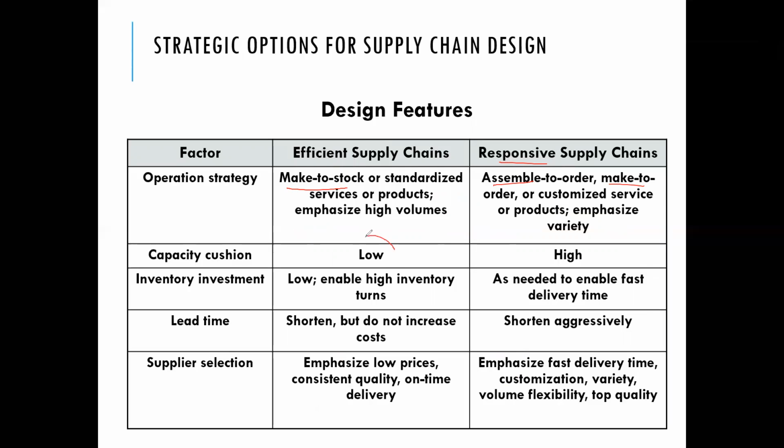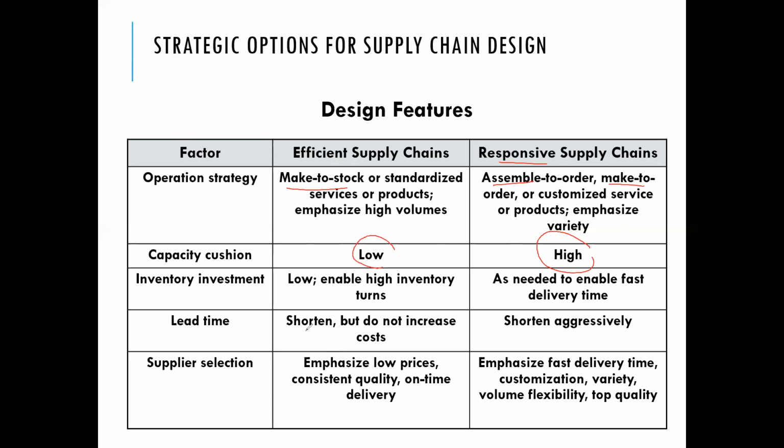The capacity cushion is low in an efficient supply chain, and generally higher in a responsive supply chain. And the reason is the same: low variation in demand over here, very high variation in demand. So to cope with that high variation, you need a very high cushion.